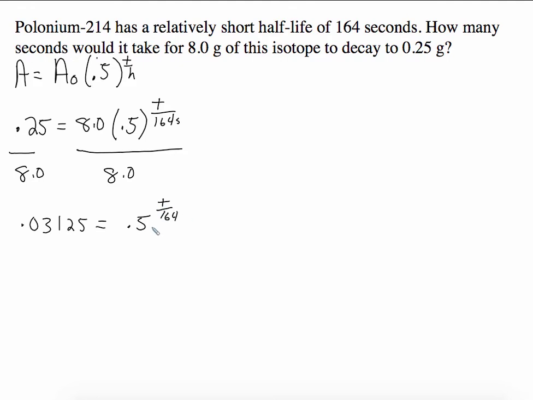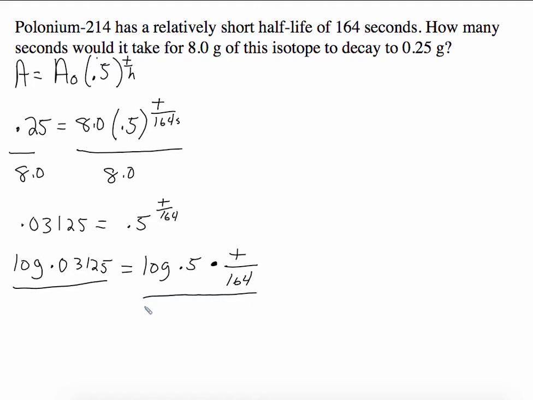I have to get this power brought down to the level that the 0.5 is on, so I'm going to log both sides. I'm going to go log 0.03125, and that's going to be equal to log of 0.5 multiplied times the t over 164, which was in the exponent. By logging both sides, it brings it down to the level that the 0.5 is on.